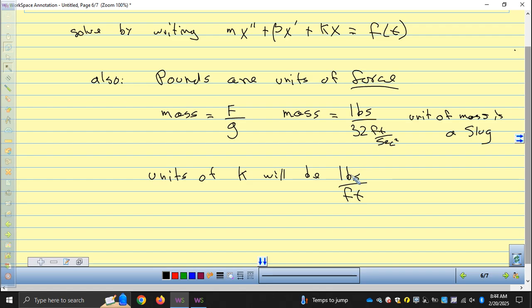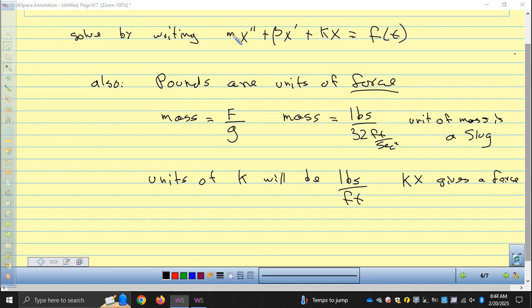This unit needs to stay in pounds because multiplying k times x gives us a force. Because this equation is all about forces. This is the force associated with acceleration. This is the force associated with the velocity. This is the force associated with the elongation of the spring. So the mass needs to be in units of slugs if you're given the weight in pounds, but the units of k will still be pounds per foot. So when you're doing these equations, keep that straight in your constants.